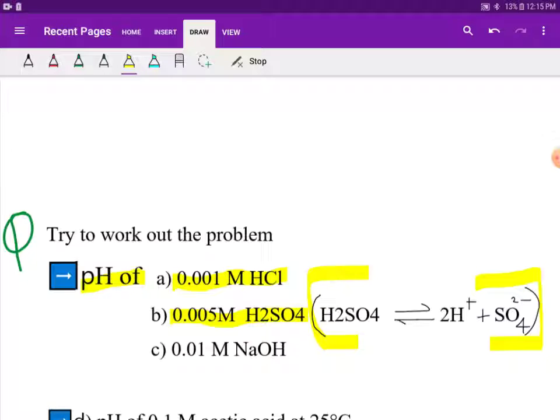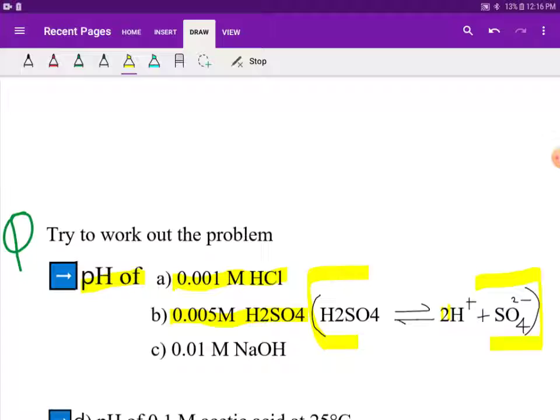So 0.005 molar sulfuric acid gives 2 times 0.005 molar H plus ion. The effective concentration of H plus in the solution is twice the molar concentration of sulfuric acid, so you don't make a mistake.